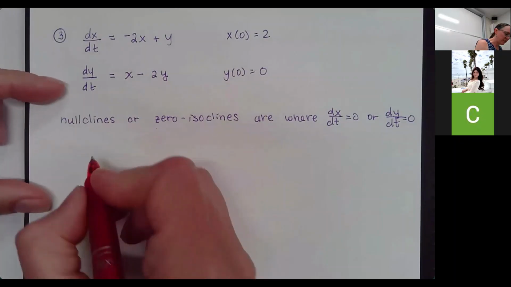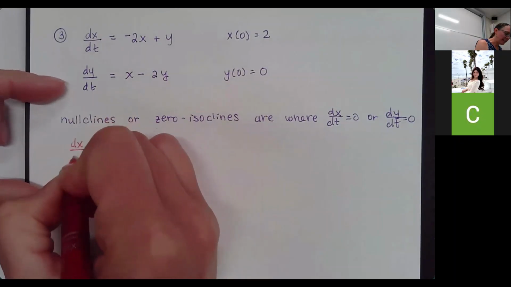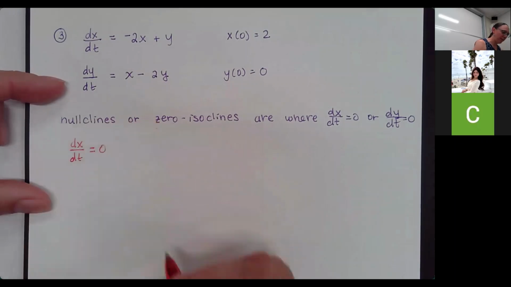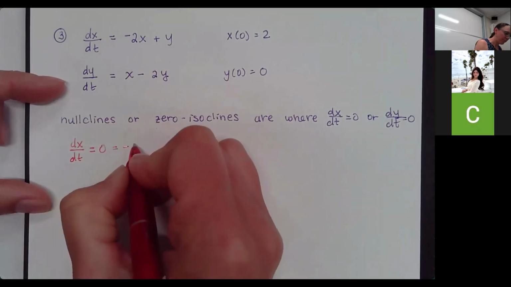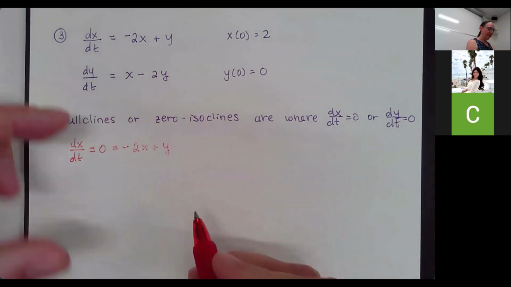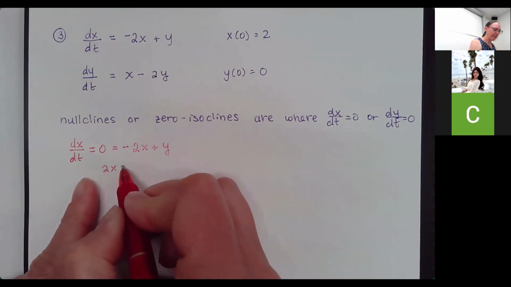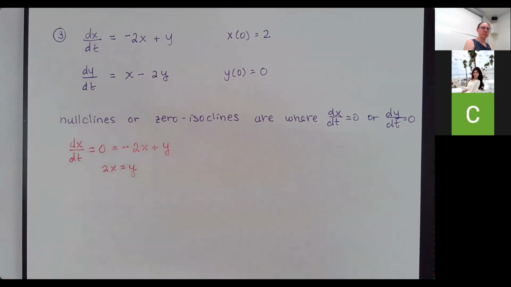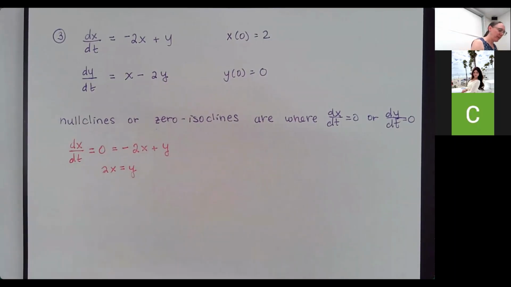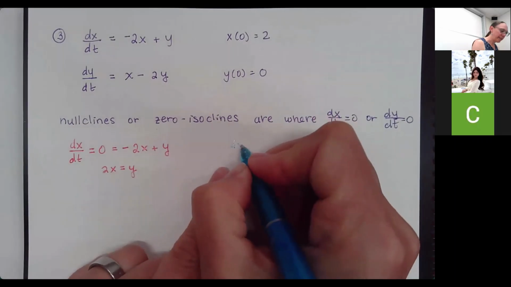These nullclines, look at where dx dt is equal to 0. If I solve this, I get 2x is equal to y. And let me do the other one here. So I've got dy dt.